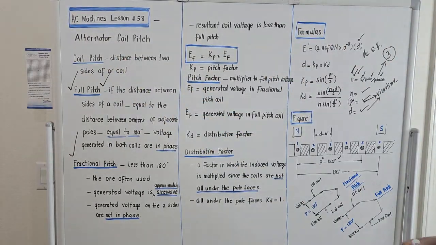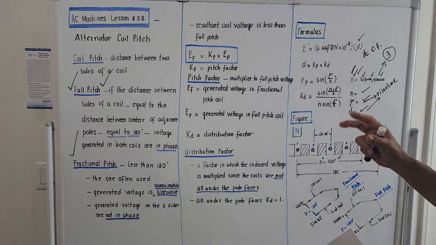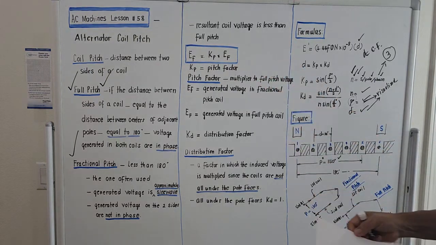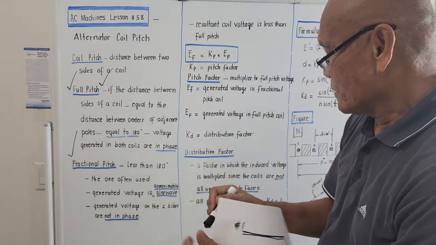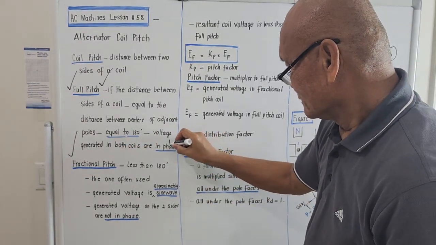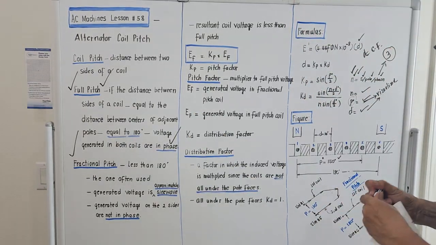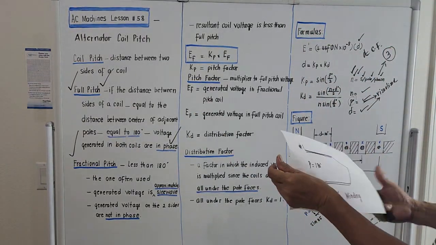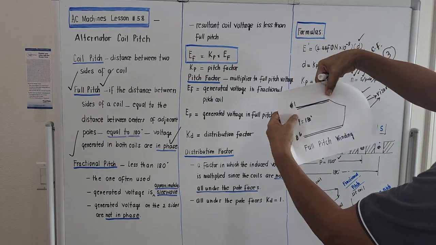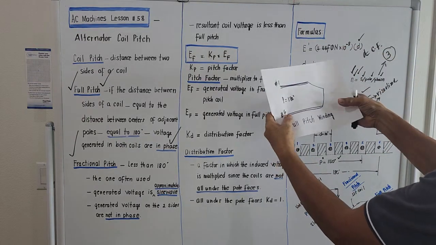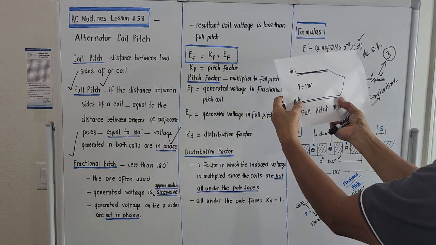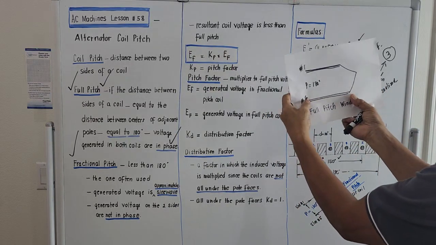And there are annotations regarding pole pitch. The voltage generated in both coils are in phase. In phase meaning the voltage generated across this and the voltage generated across the second winding here are in phase.